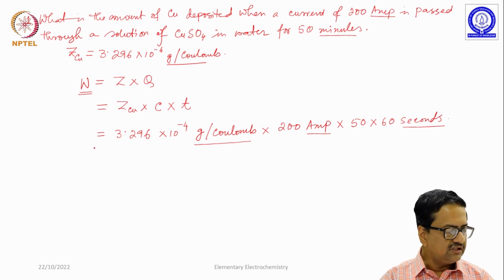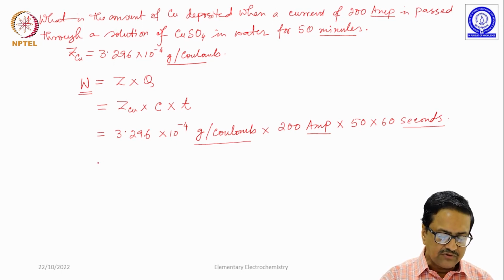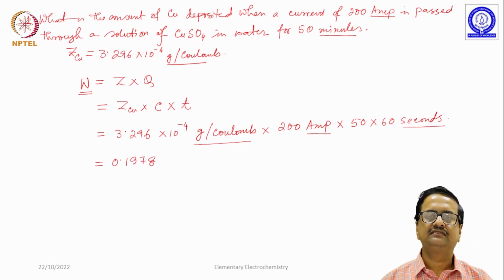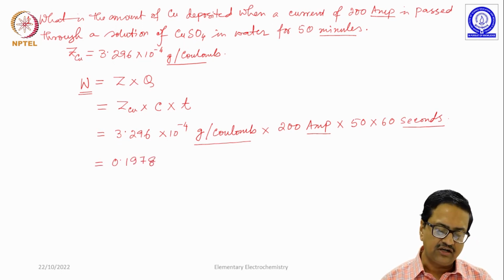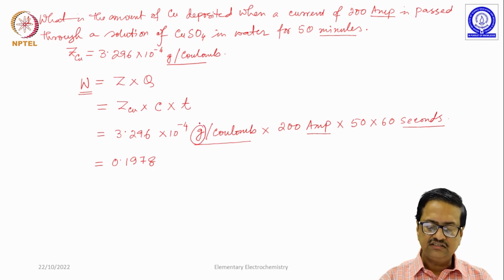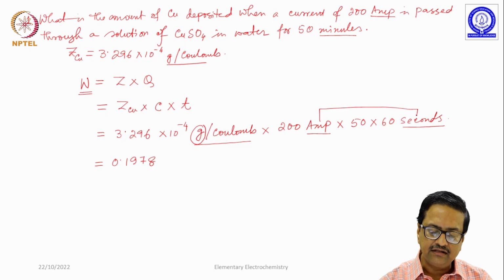Now when you do this simple multiplication, you end up with the number 0.1978. The question is whether it is gram, kilogram, milligram, centigram, what is it? Here Z has unit gram per coulomb, and this is ampere second, and we know that ampere into second is coulomb.